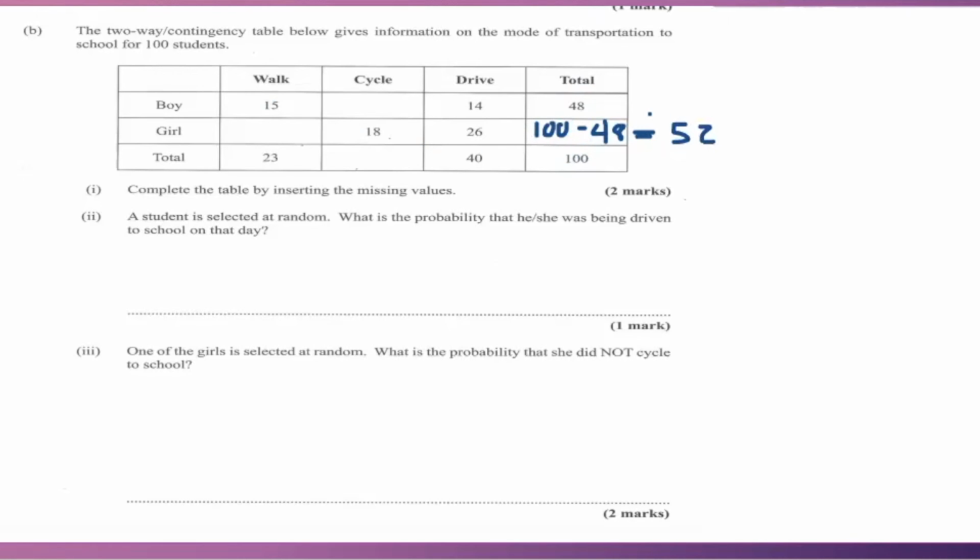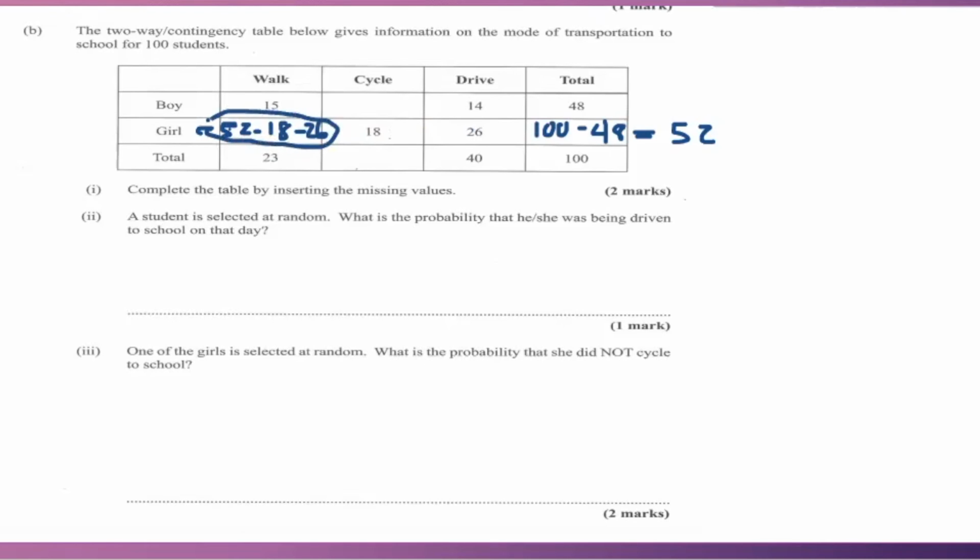Now that I know the total amount of girls is 52, I can now find out how many walked, because I know 18 took cycle and 26 drive. So I can just say 52 minus 18 minus 26. So I'm taking away these two from 52 and I will get 8. So the answer for this will be 8.